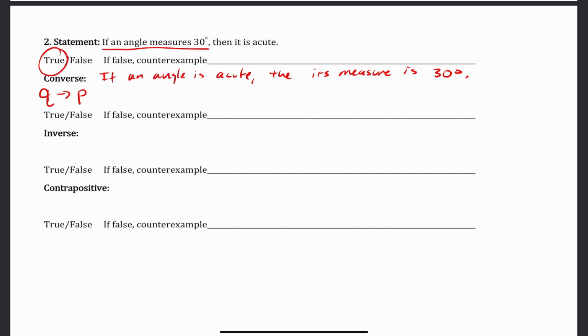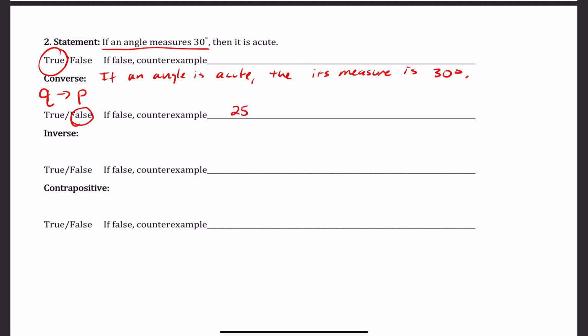So if an angle is acute, does it strictly mean that it's 30 degrees? I'm going to say false on this one. So we can assume that an angle can be acute. That is absolutely true. There does exist an angle that is acute. But does it imply that the measure is 30 degrees?